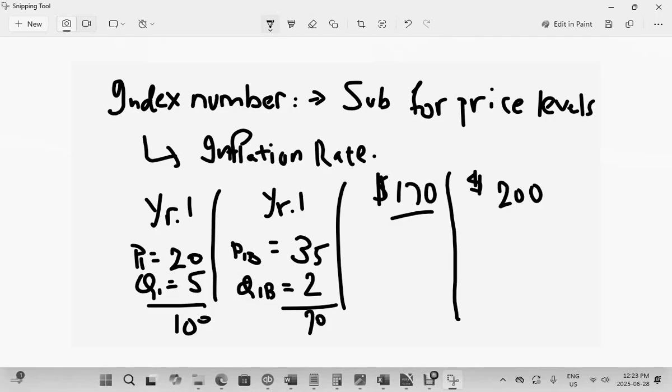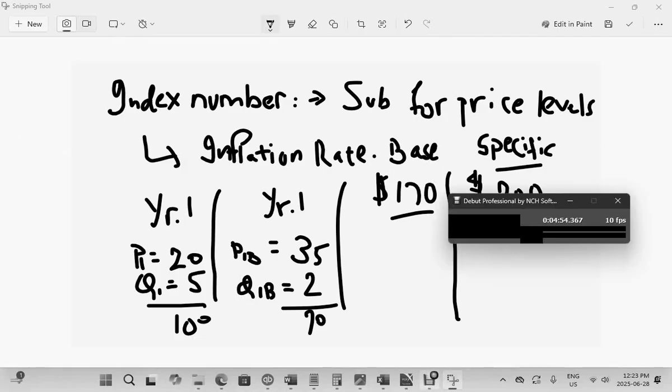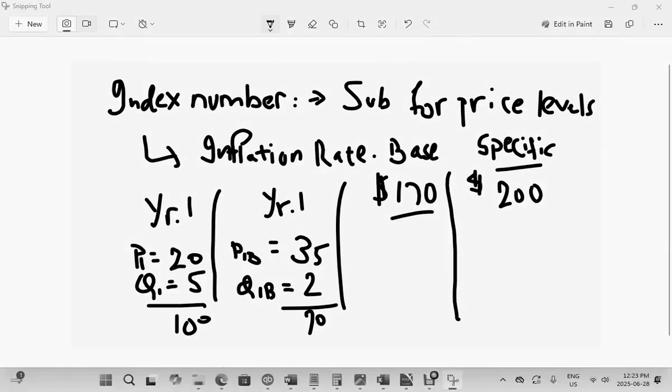Assume that this is your base period over here. And this is the specific period that you want to compare when it comes to the inflation rate. So you want to figure out the inflation rate for this specific year or period. So what you want to do now is go ahead and divide these two over here.